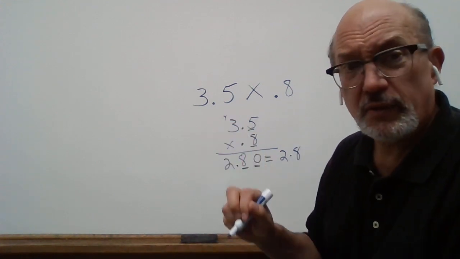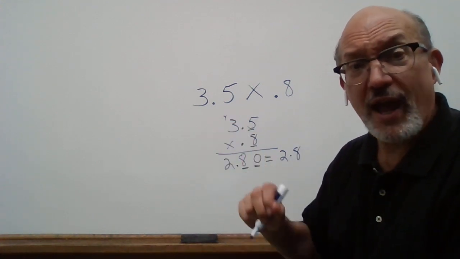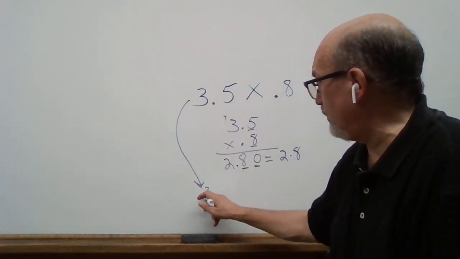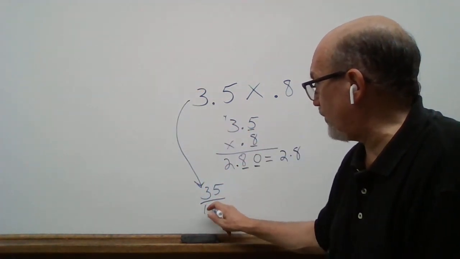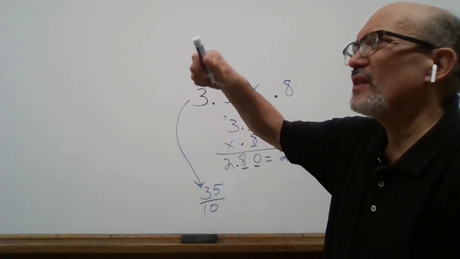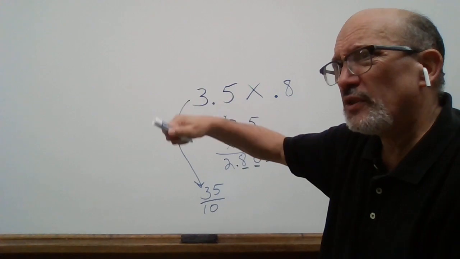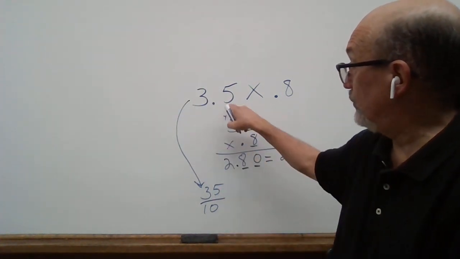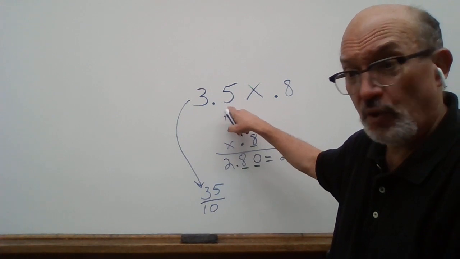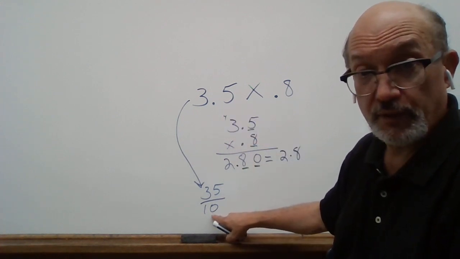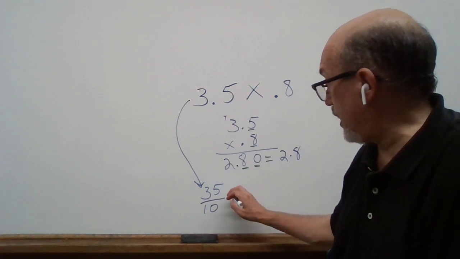But let's look at this decimal multiplication as a fraction multiplication, because that's really what it is. 3.5 is 35/10. A decimal number, the digits that you see without the decimal point are the numerator. So the numerator here is 35. There's 1 digit to the right of the decimal point here, so you've got the 1 and 0 following the 1, 35/10 times.